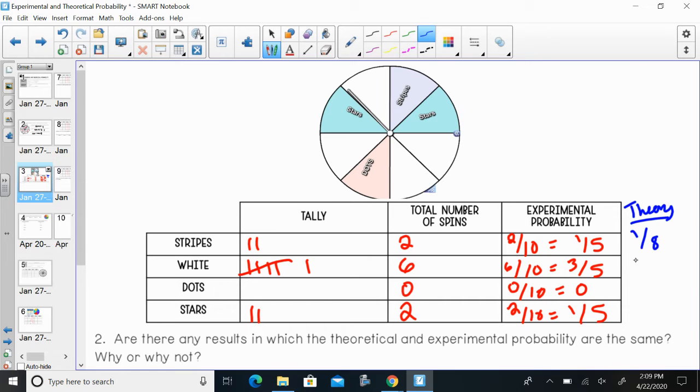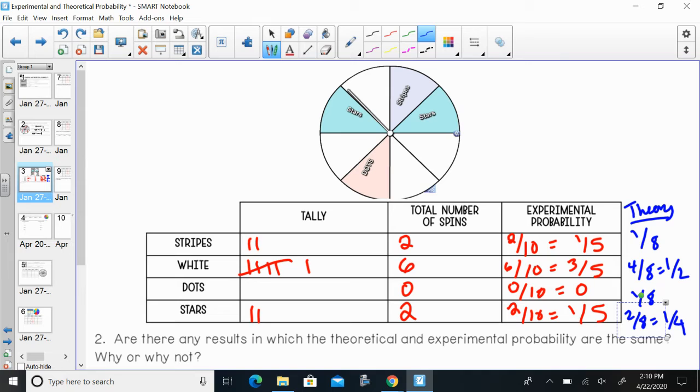White, there is 4 out of the 8 slices, which is half. Okay, let me rewrite that. 4 out of 8, which is half. And I've got dots. Dots was also 1/8 in theory, and stars. Stars was 2 out of the 8 slices, which is 1/4 of the time.